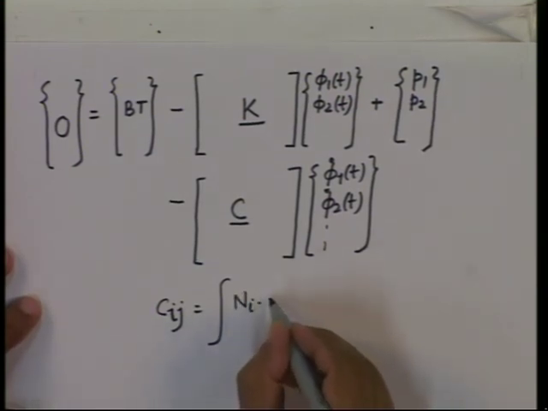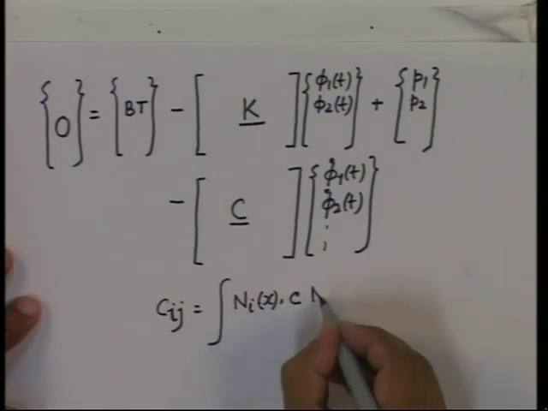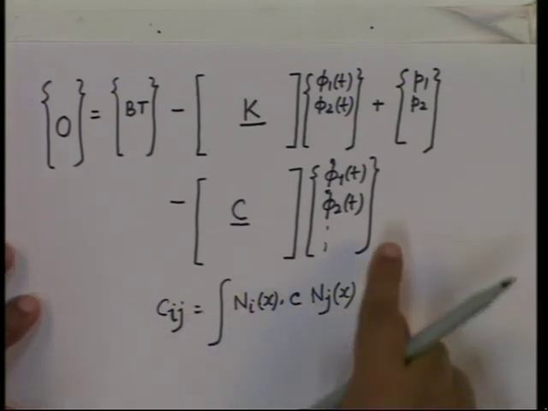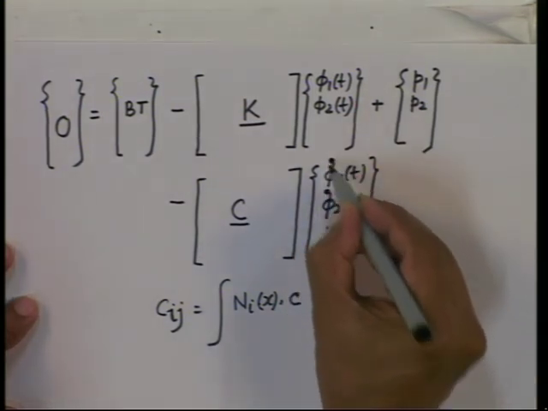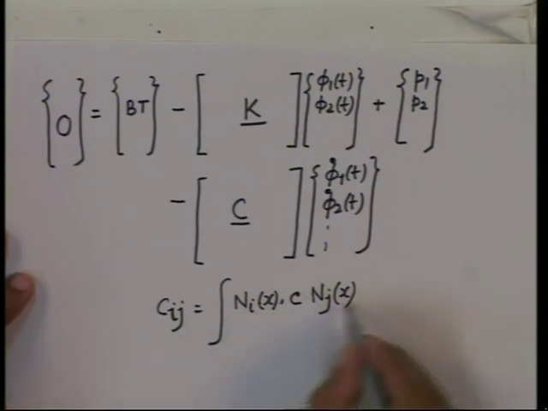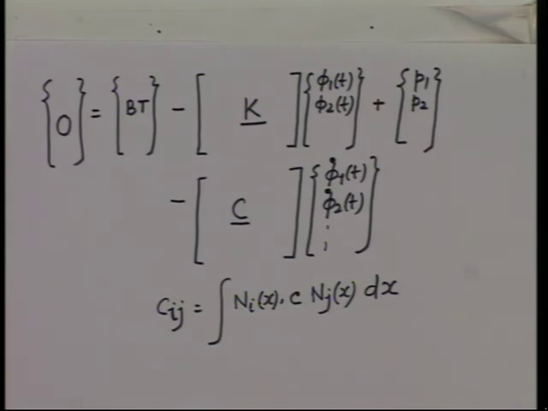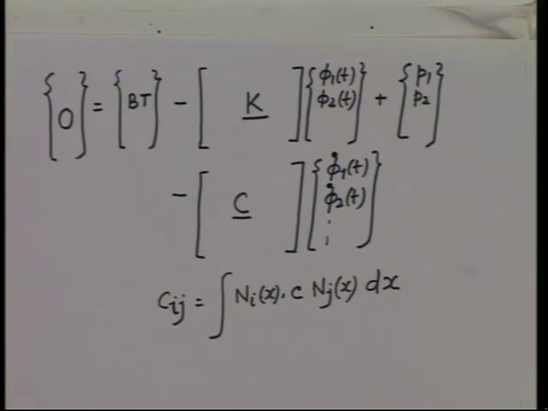N_i, which is a function of x by the way, times small c times N_j, because there is no derivative here. Here the derivative has gone into the nodal quantity with time. So the nodal point itself has become a derivative, so here there is no derivative, times dx. Every coefficient of K and P etcetera you already know. So this is the only new term that has come here. So your C matrix will look like this.